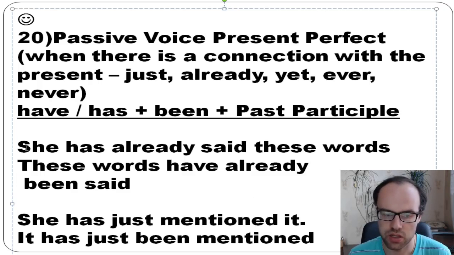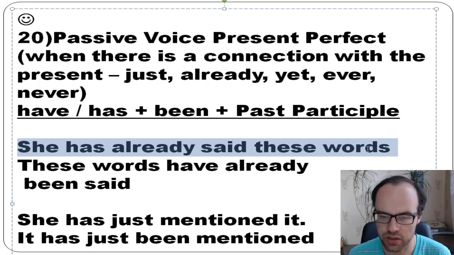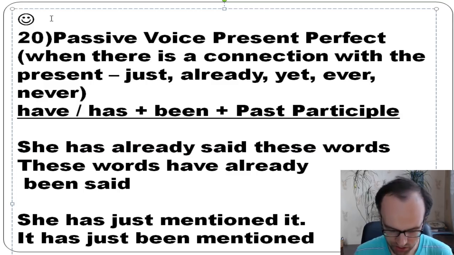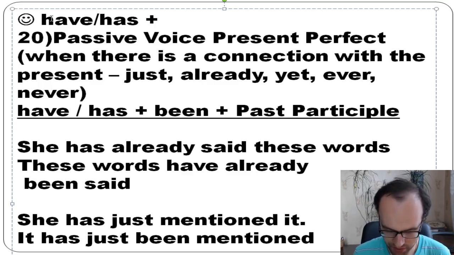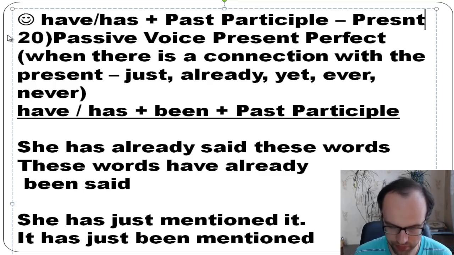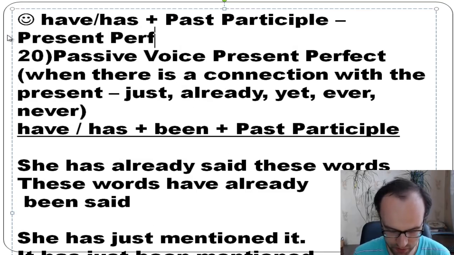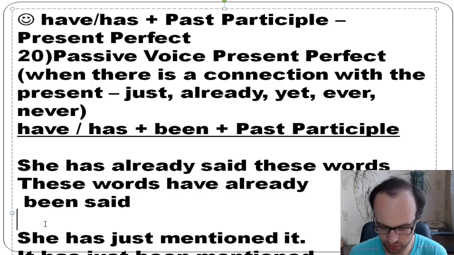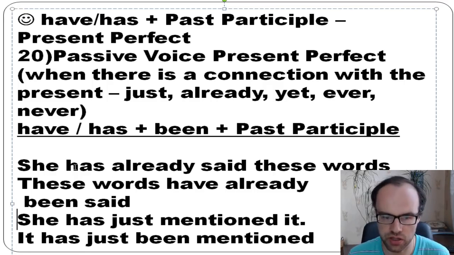Look, so she has already said these words, so it's present perfect. You know that if you use have, has plus past participle, it's present perfect. I think that you know it very well. And you see, good. So what do you see?